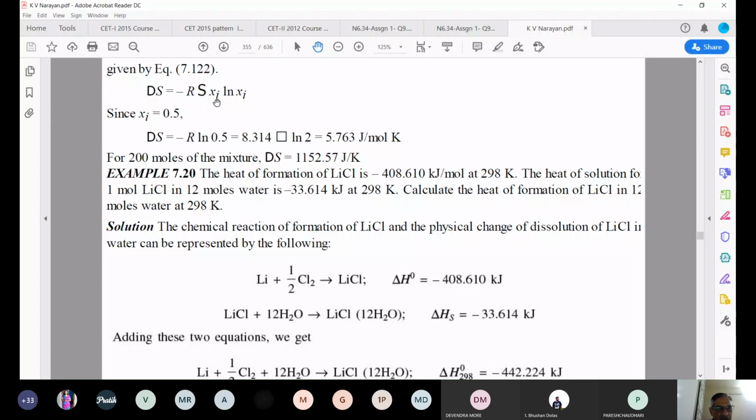So summation xi ln xi means x1 ln x1 plus x2 ln x2 will come. Did you understand? Let me see.